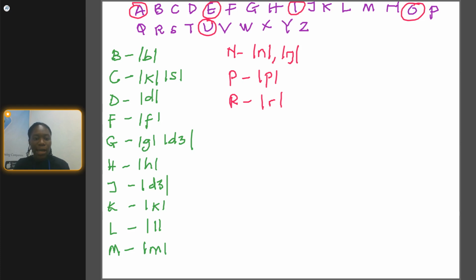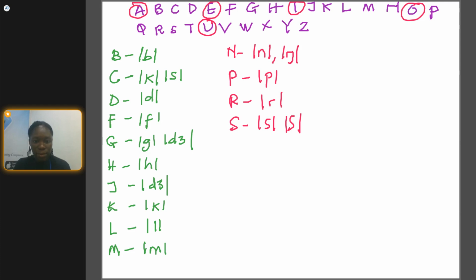Then we have letter S giving us the s sound and the sh sound. That's for letter S. All right. And we have letter T giving us the t sound.